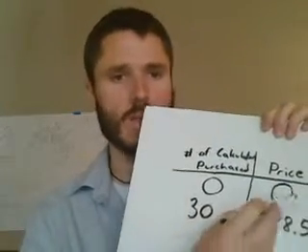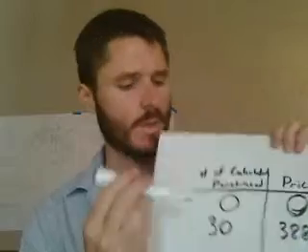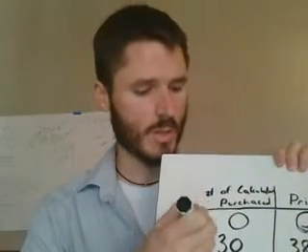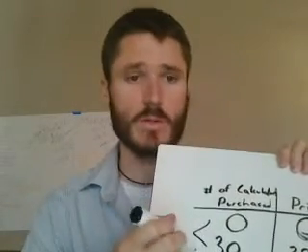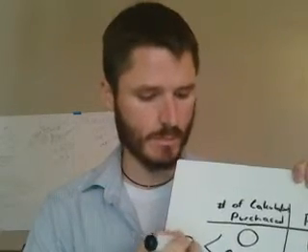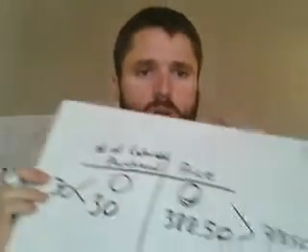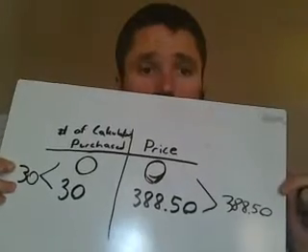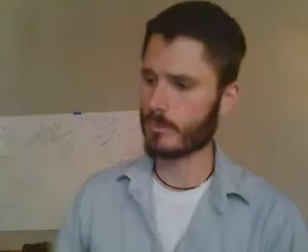In other words, that's what the price is going up by. And then what's the change over here? Well, in going from 0 to 30, that's just a change of 30. That makes it easy. So with this information, can we calculate the rate of change?